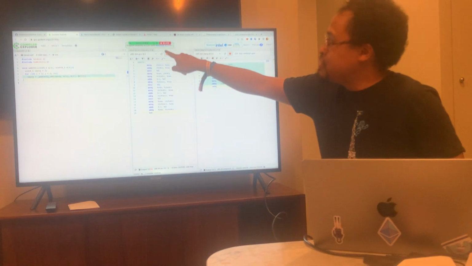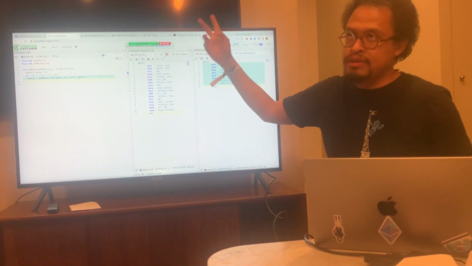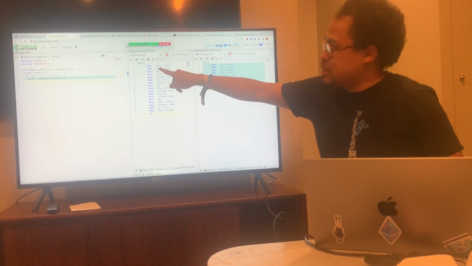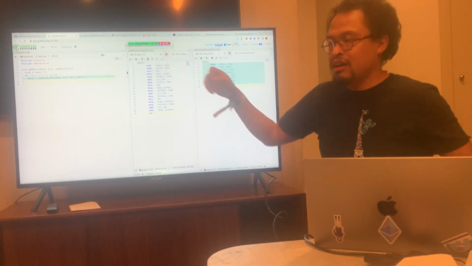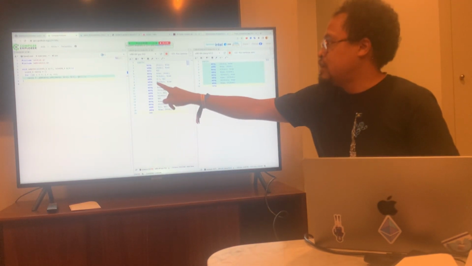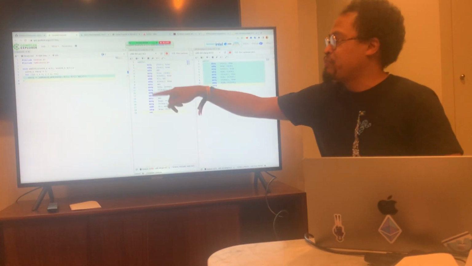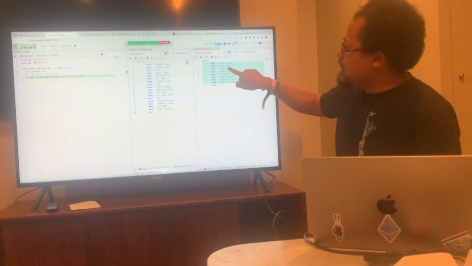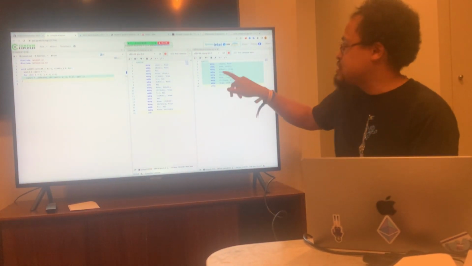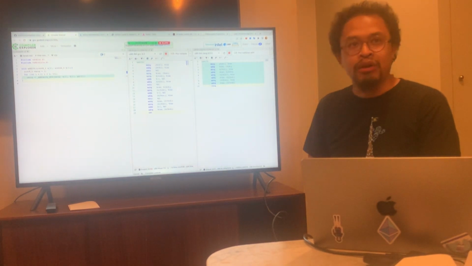On GCC 9.2, which is a bit old, I think it's 6 years old, this was what was produced: add, saving the carry, moving the data around in a new register, doing a next add with carry, saving, etc. With Clang, I don't know how people pronounce it, it's just add with carry, add with carry, add with carry.